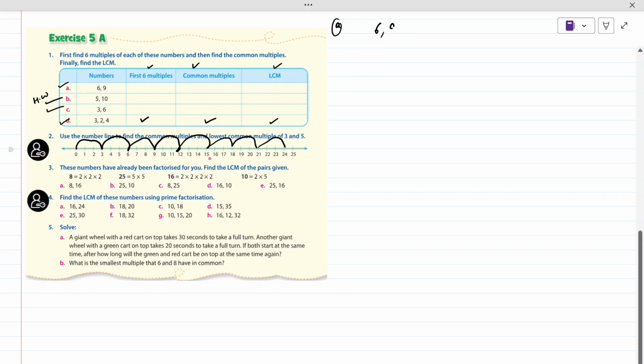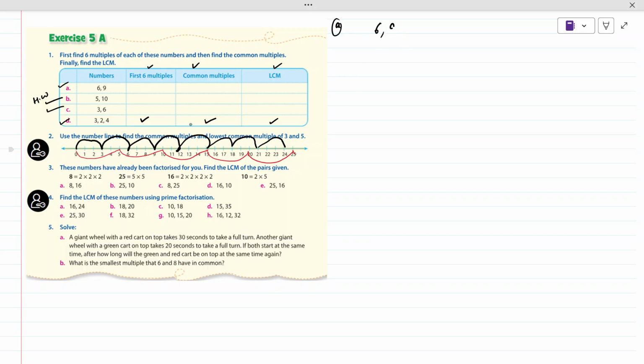The next number is 5. Starting from 0, it is 5, then 10, then 15, then after 15 for 5 we have 20, 25 and so on. If you look here, we have the multiples. What are the common multiples?